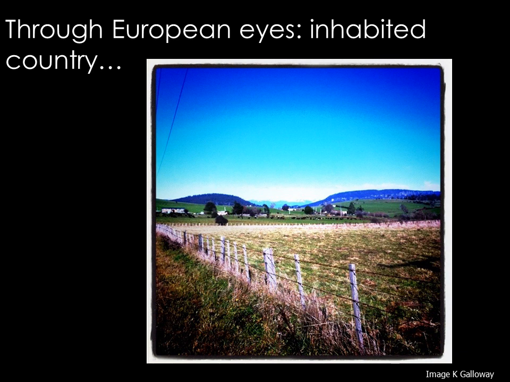And the presupposition of settlement was accompanied by the idea of terra nullius, which literally means land belonging to no one. Now this, in its extended sense, the idea of terra nullius doesn't necessarily mean that there are literally no people there. In its extended sense, what it means is that a place has not been settled by anyone else.